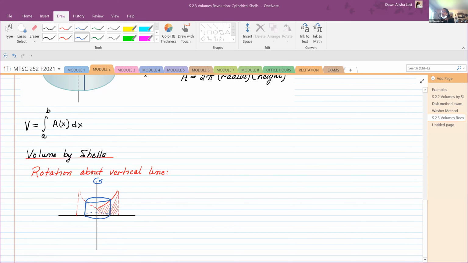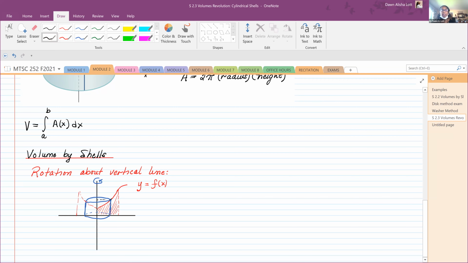So once I find my soda can, whatever this function is right here, this may be the function y equals f of x. I need to find the height, which means I need to look for this piece, and then I need to find the radius. For this one, very simple.